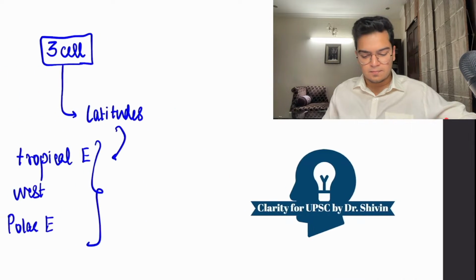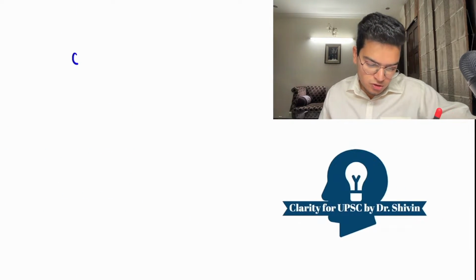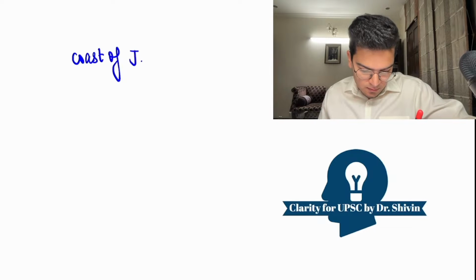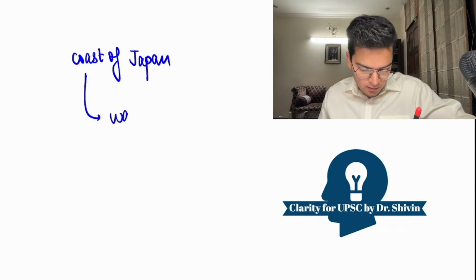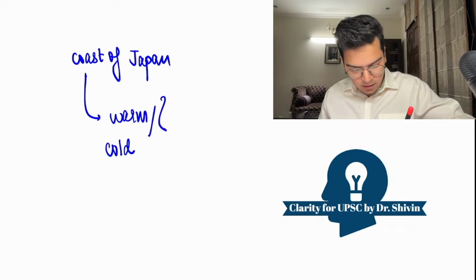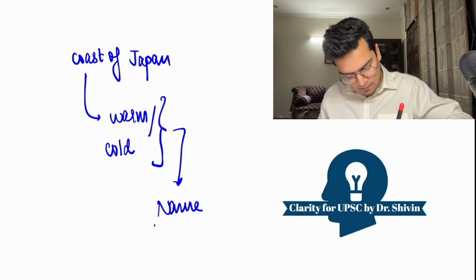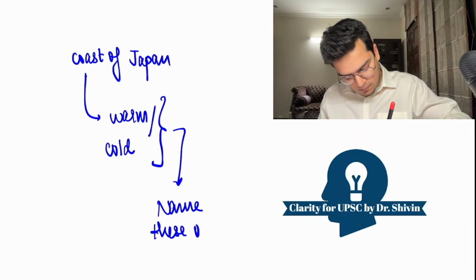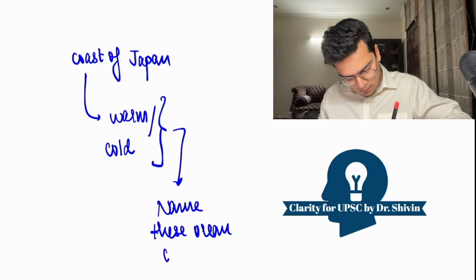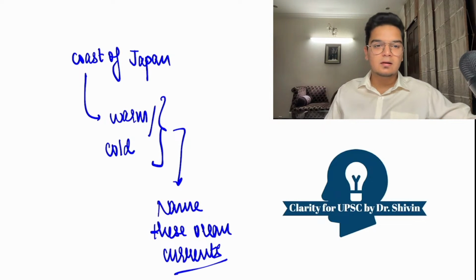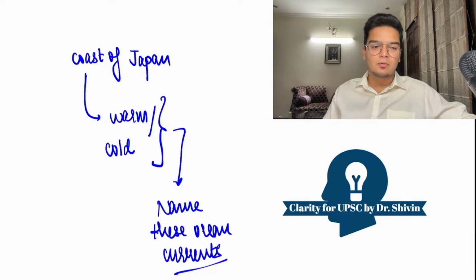Okay, next question. Off the coast of Japan, there is a warm ocean current and there is a cold ocean current. Give me the names of both these ocean currents. The warm ocean current and the cold ocean current off the coast of Japan.